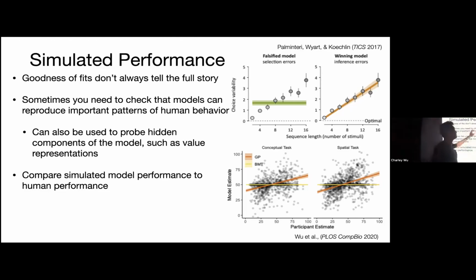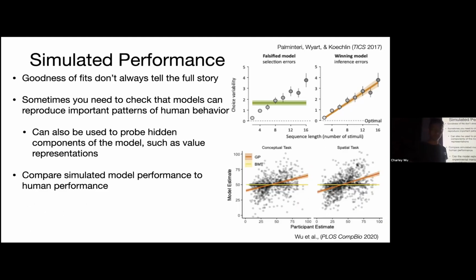So maybe this is a variable that you're not interested in at all, right? And maybe there are other behavior patterns that humans produce, but your model is not trying to capture. That's also okay, right? You don't have to capture every aspect, but if it's a crucial and important part of the story, then you want your model to also be able to reproduce that.